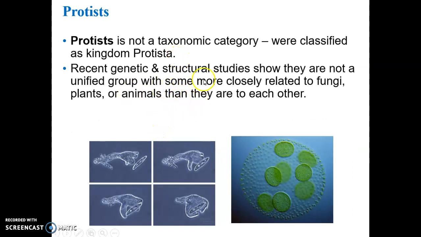So recent genetic and structural studies show that it's not a unified kingdom, and some of the protists are actually more closely related to fungi or plants or animals than they are related to each other. So it's a very varied group, and again, the exact taxonomic structure of the protists is still being figured out.